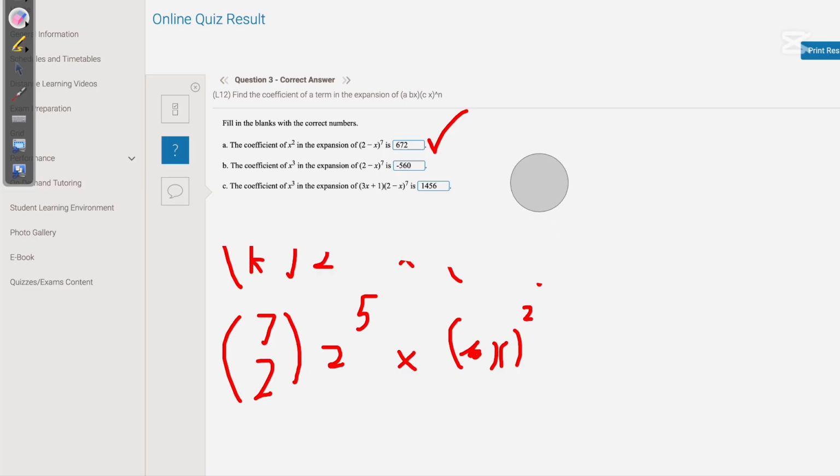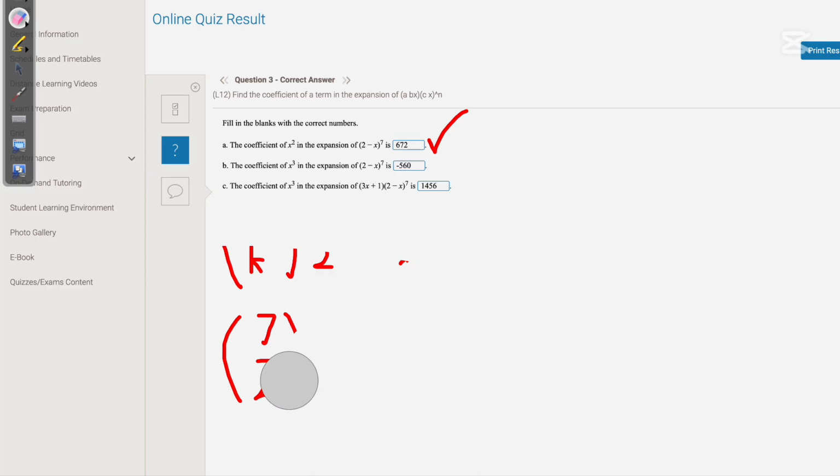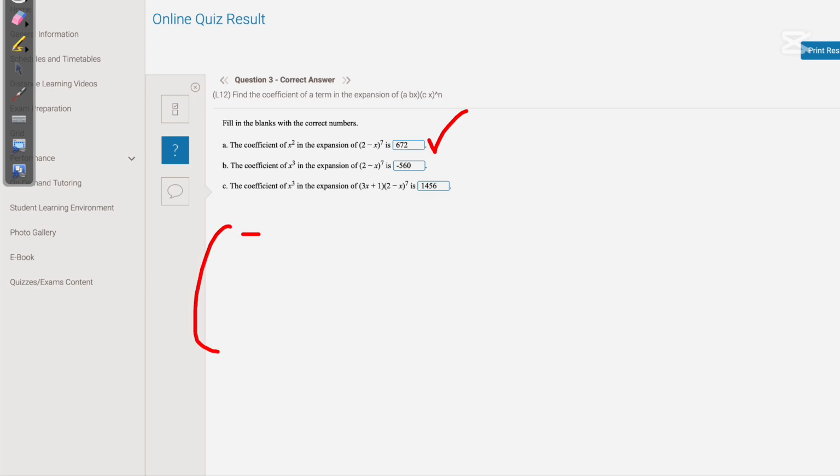Okay, now let's solve part B. The coefficient of x cubed in the expansion of 2 minus x to the power of 7. We do the same thing. 7Ck, 2 to the power of 7 minus k, negative x to the power of k. Since they want x to the power of 3, k is 3.